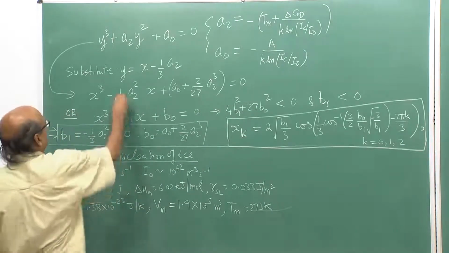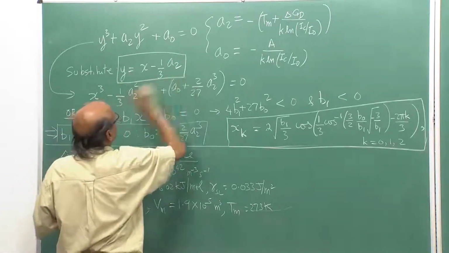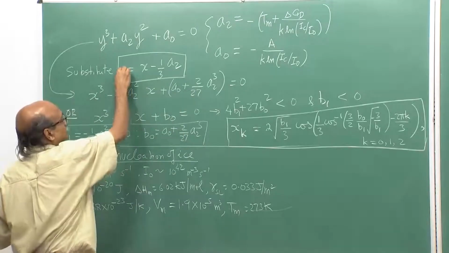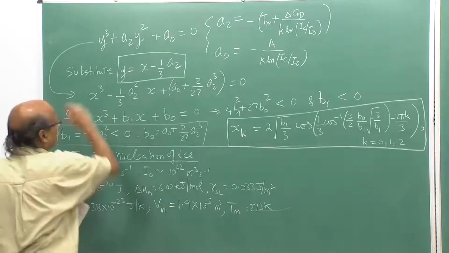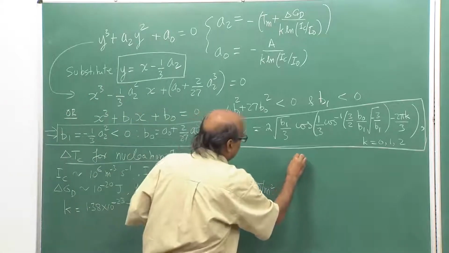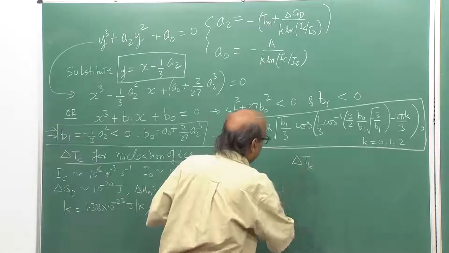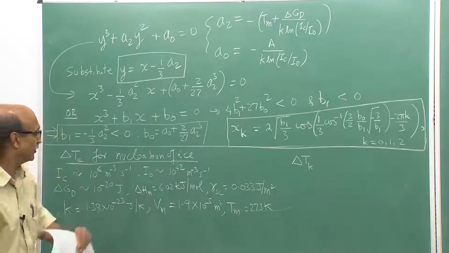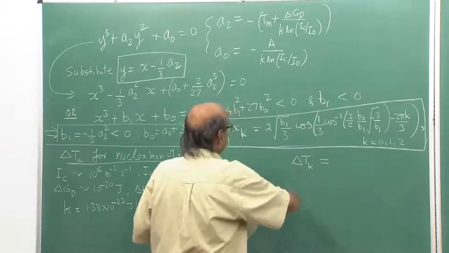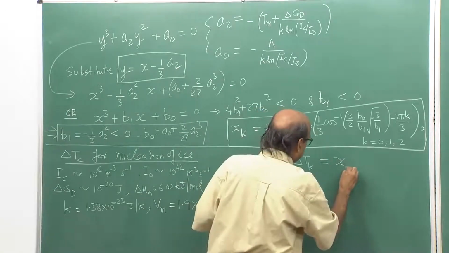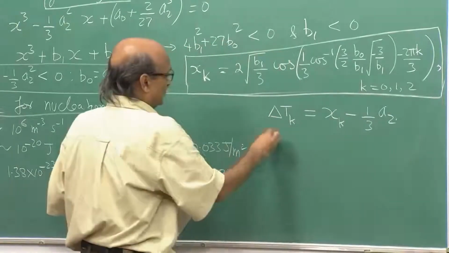And what is the undercooling? Well, we have done this substitution. Y, remember, was what I had used for delta T, the undercooling. Hence, the undercooling delta T, and let me also put this as k because I will get 3 different values of undercooling. So, delta Tk is equal to xk minus 1/3 A2.